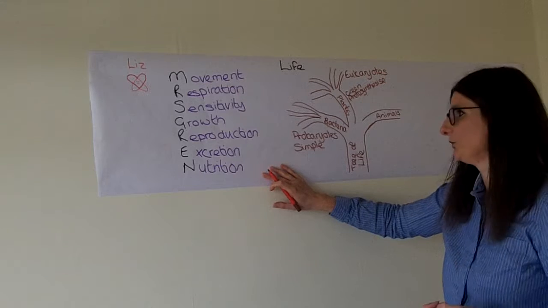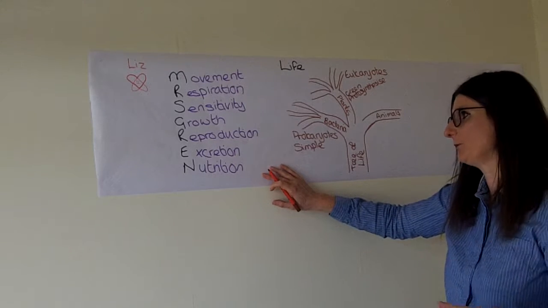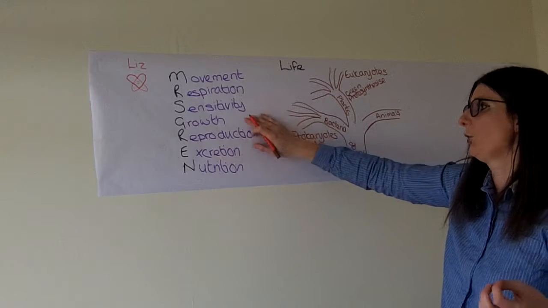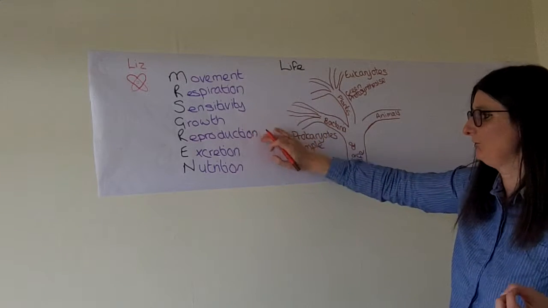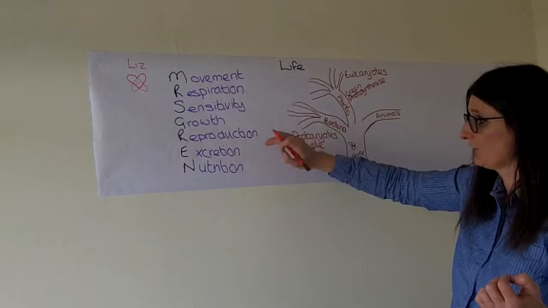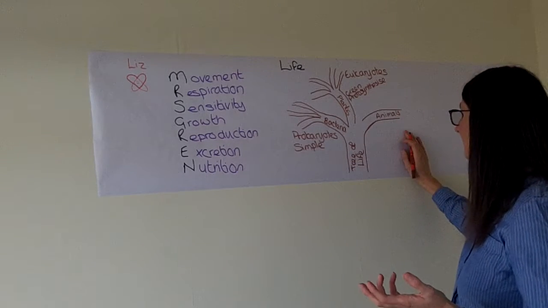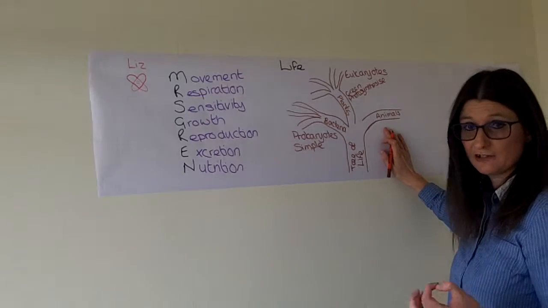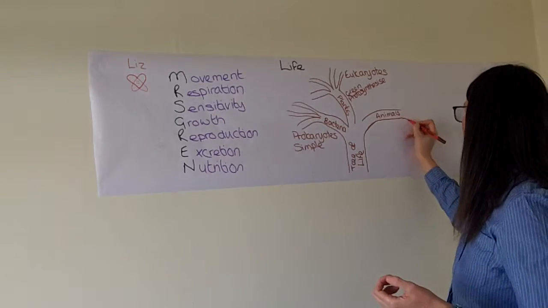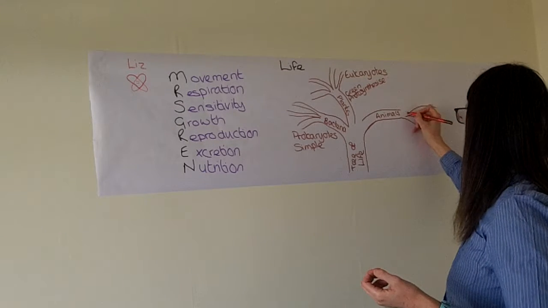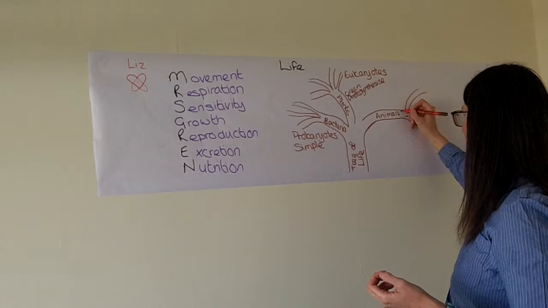So animals move, we can move our arms, we can move our legs, we respire, we're sensitive, we grow, we reproduce, we excrete, and we eat. So animals are definitely alive. These are also eukaryotes, and again, animal life can be divided into many different branches.